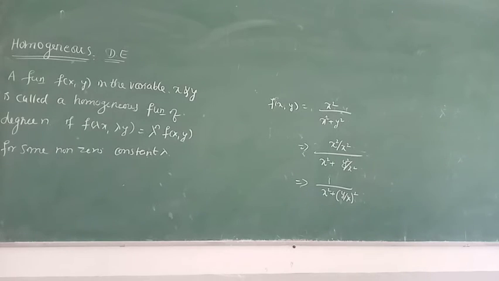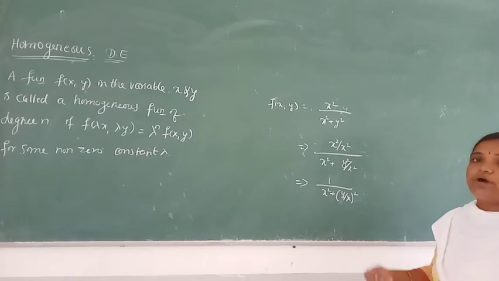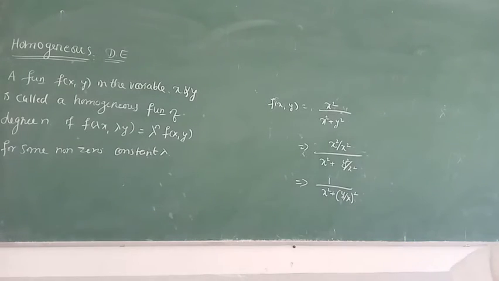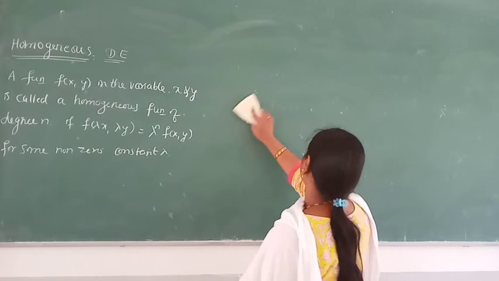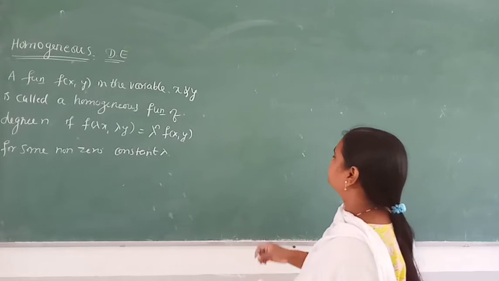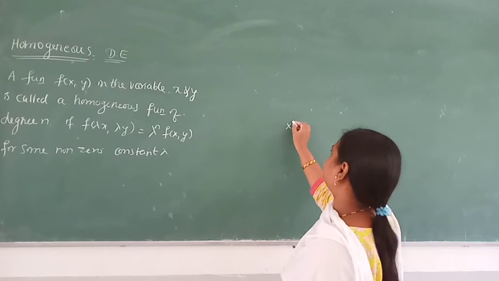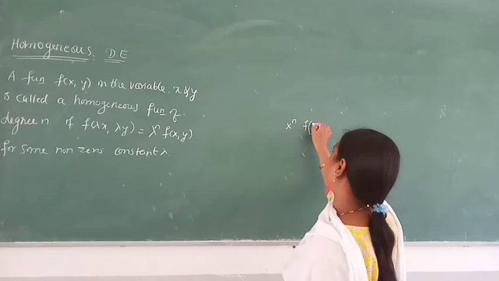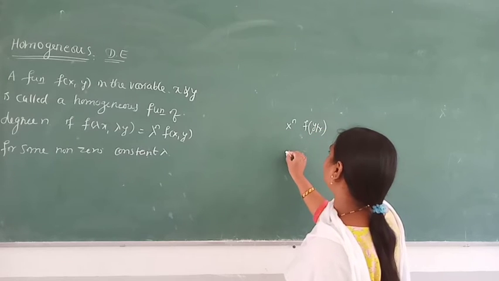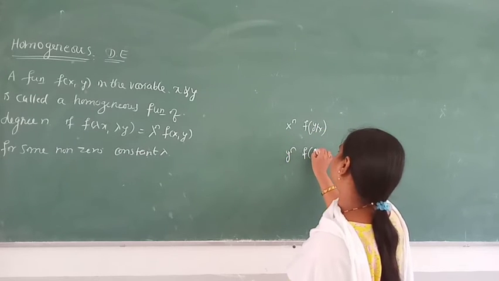And here the given differential equation we converted, it is in the form of y by x. Means the function we can write in the form of x to the power n f of y by x, or y to the power n f of x by y.